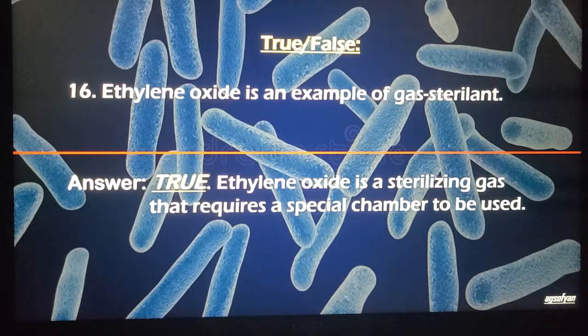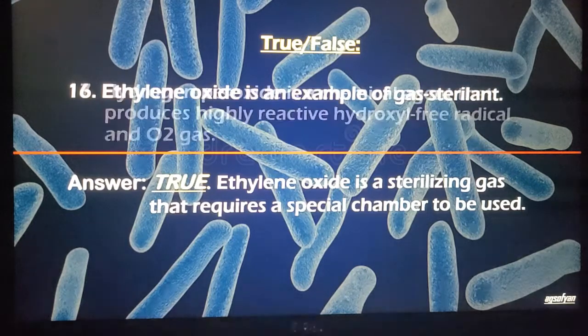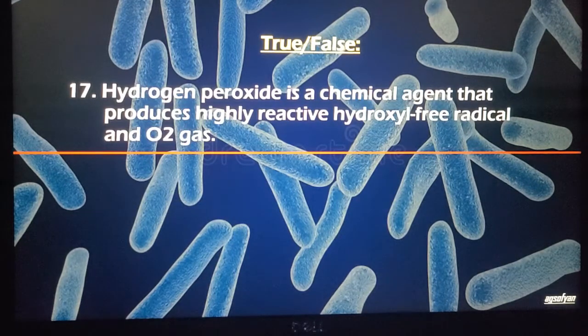So the food or any equipment will be put into the chamber, and then ethylene oxide will be given to that chamber to sterilize that object or equipment. Usually used for the equipment that cannot be sterilized with incineration or autoclave.